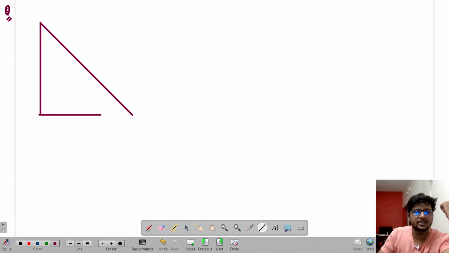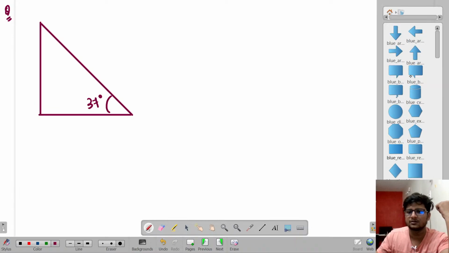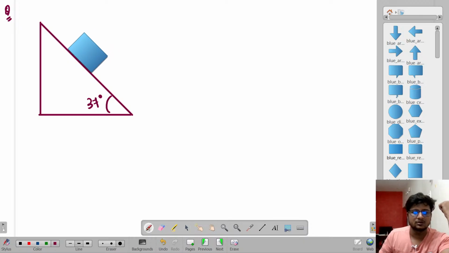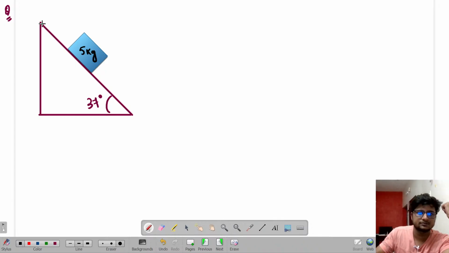Let's suppose I have an inclined plane of inclination 37 degrees, and I place a block of mass m, whose mass is 5 kg, and the surface is rough. The coefficient of friction mu is equal to 0.5.